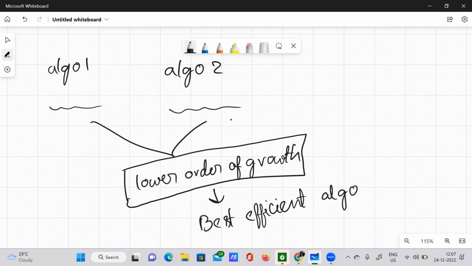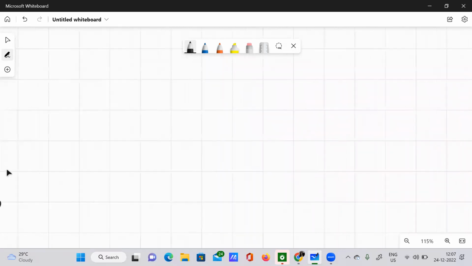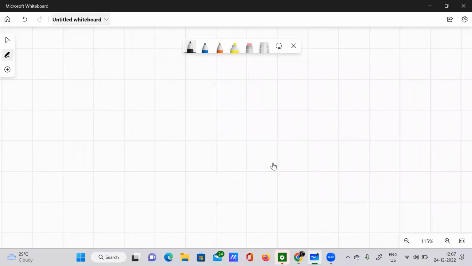But here, due to some constant factors and lower order terms, an algorithm's runtime may have a higher order of growth. I'll explain this with the help of an example. I'm writing an equation here: t of n is equal to theta of f of n.